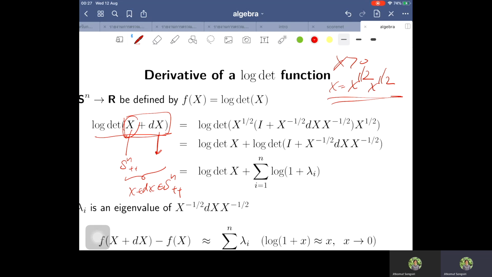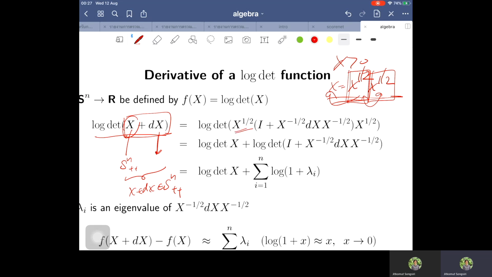If you don't know what it is, you watch the video of how to factorize a positive definite matrix in many ways, okay? So the square root of a matrix is actually a matrix that multiplies with itself and gives the original x, okay? Square root of x can be obtained from eigenvalue decomposition. Okay.